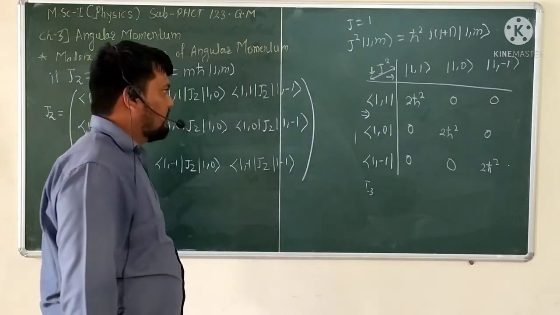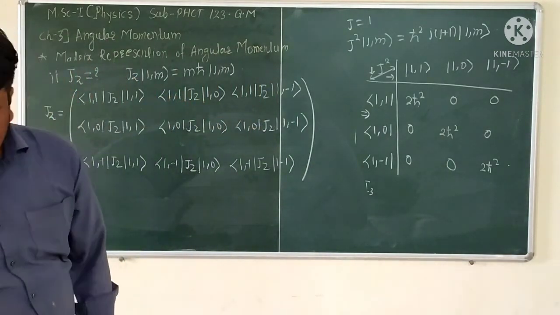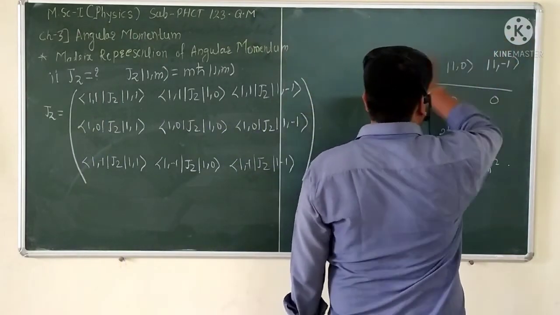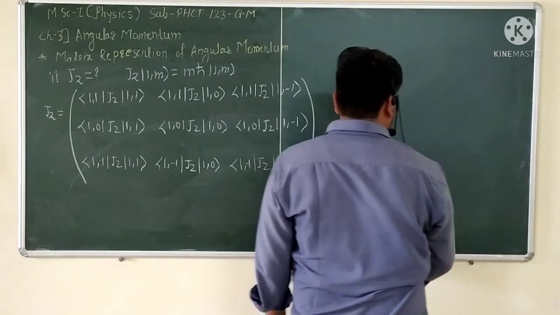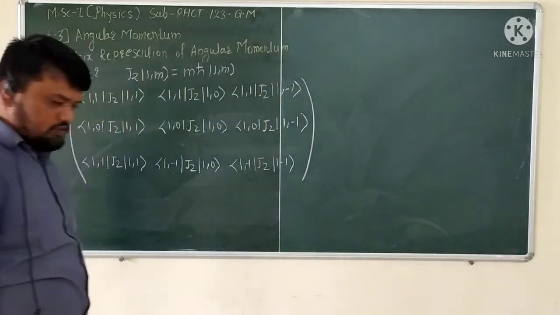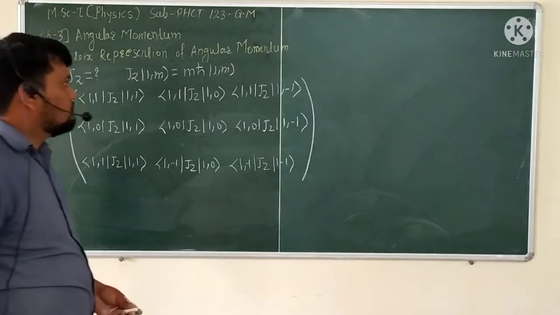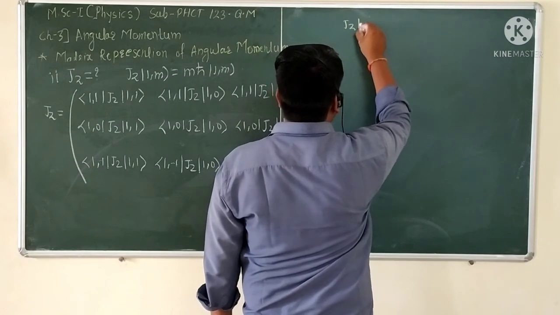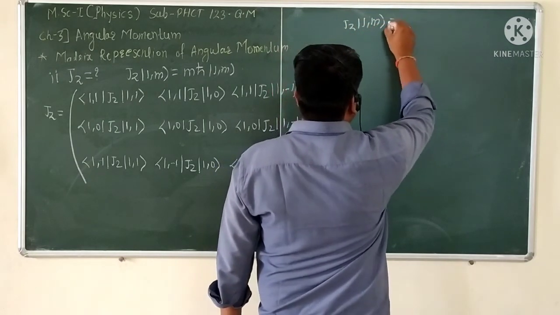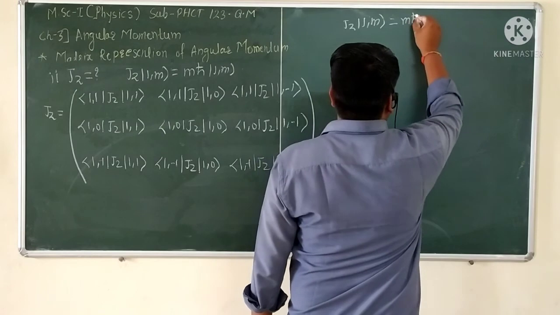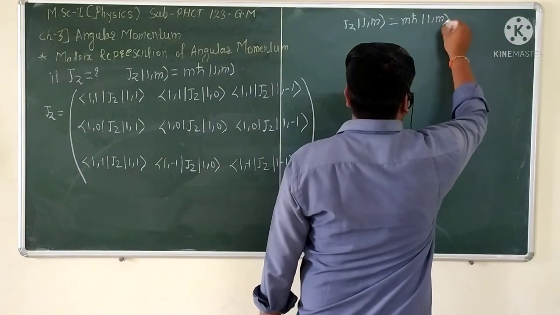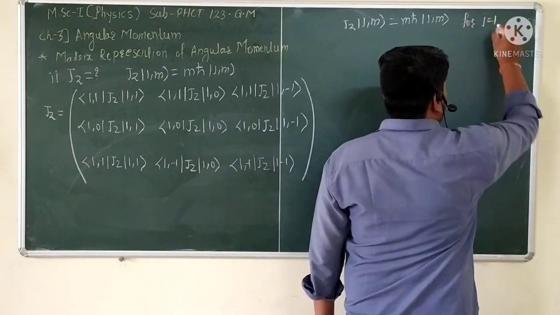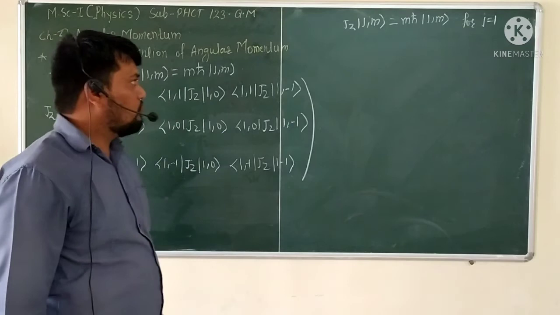Okay, this type of matrix representation is there, and we want to solve for these matrix values. So what is the eigenvalue of this Jz operator? You know that Jz of |j,m> is nothing but mħ of |j,m>, and here j is equal to 1.